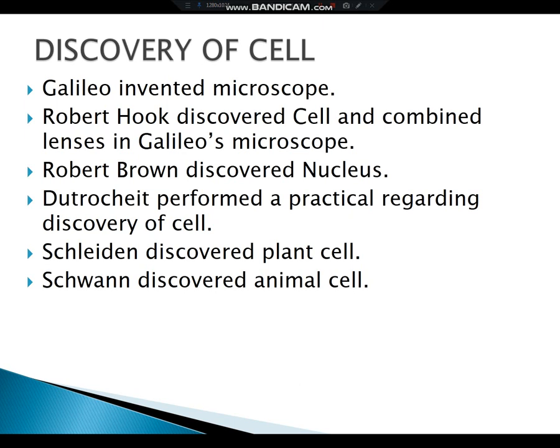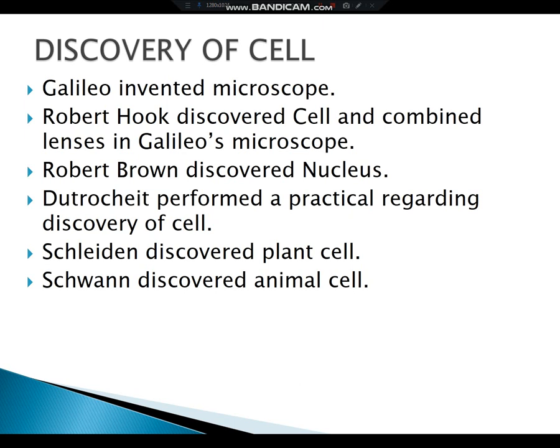Robert Hooke combined different lenses in Galileo's microscope and called it a compound microscope. Galileo just gave us a simple microscope, but with the help of Robert Hooke, he advanced Galileo's microscope and named it a compound microscope.